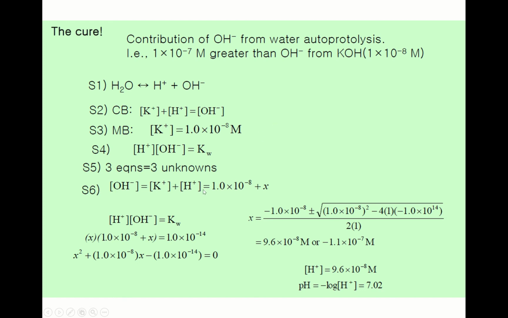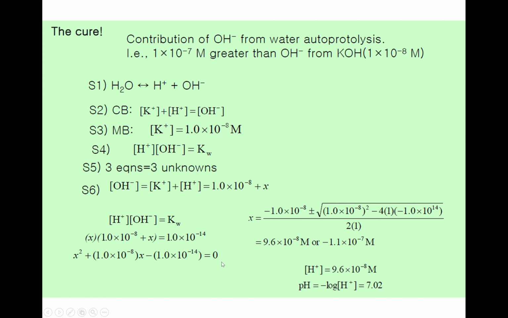So let's solve. The hydroxide ion concentration is given by this, and the potassium ion concentration is already known, and we put the proton concentration as x. After rearranging these equations, we get this quadratic equation.